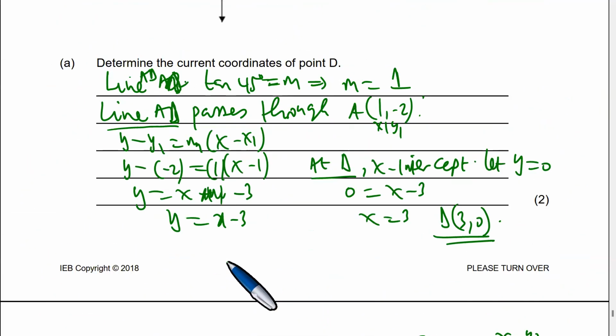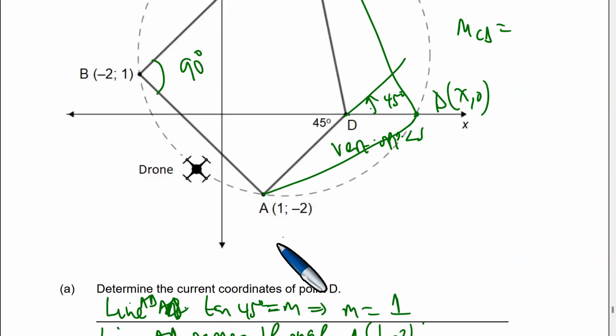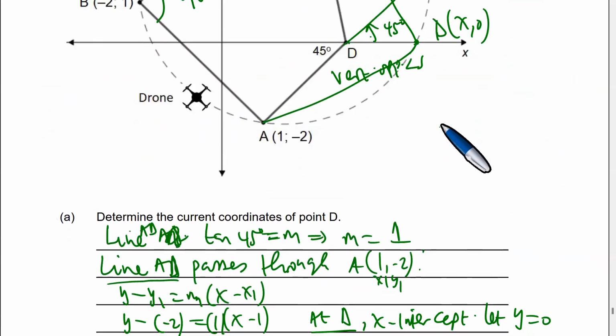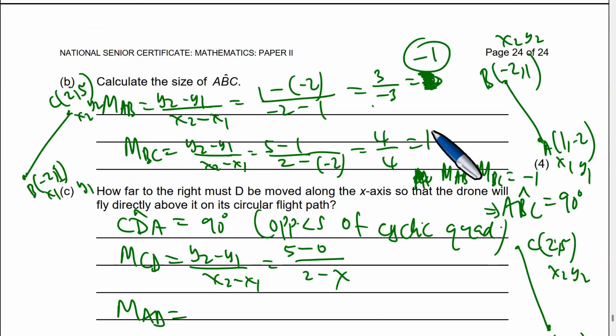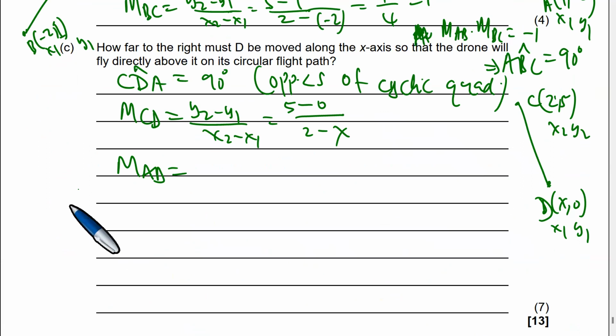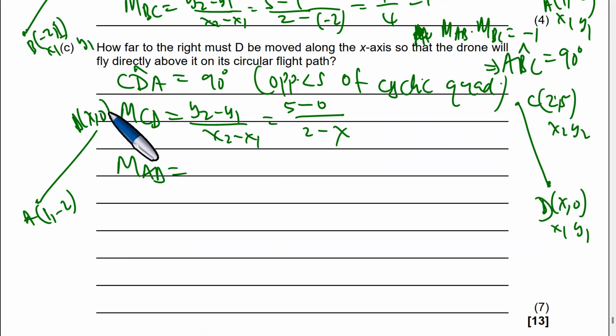Let's check. A has the coordinates 1 and minus 2, D has x and 0. What is the gradient?